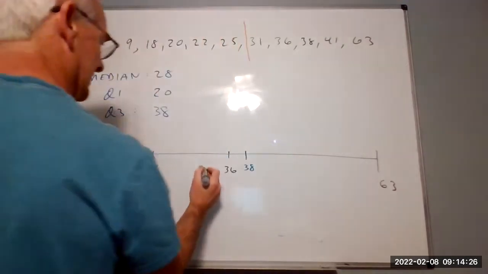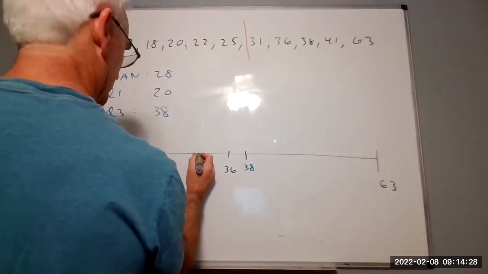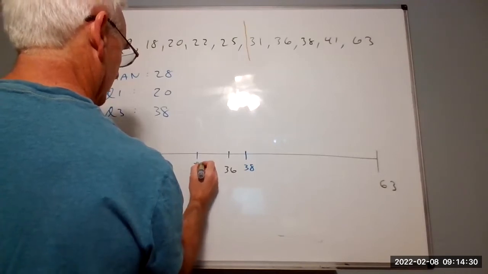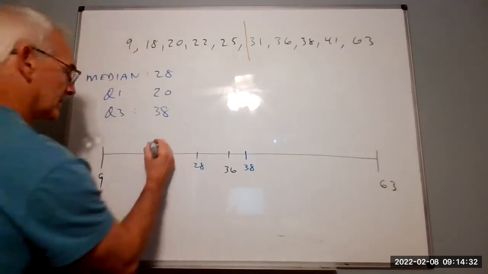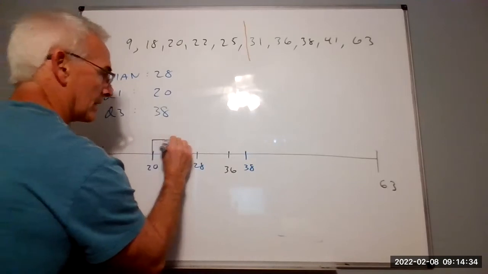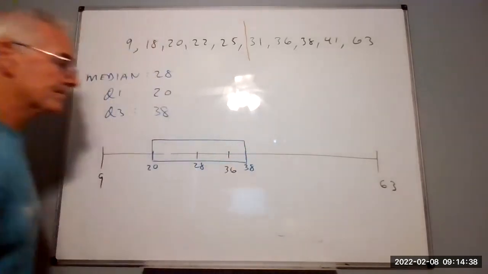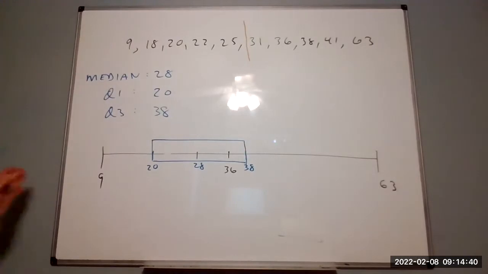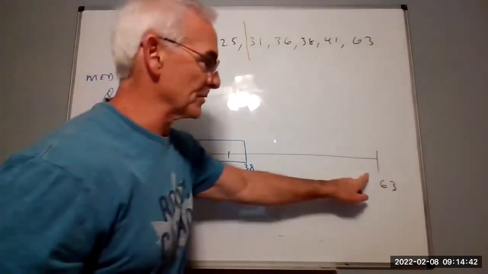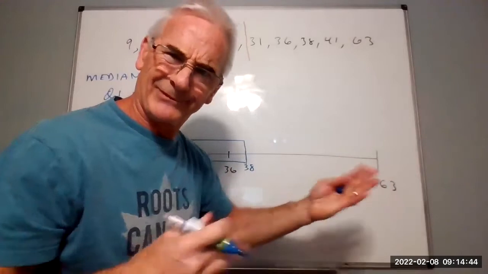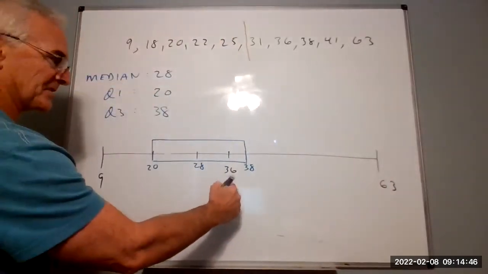And 28, again, probably about there. Okay. So again, 38 shouldn't be right next to 63. That doesn't really make a lot of sense if 36 is in the middle.